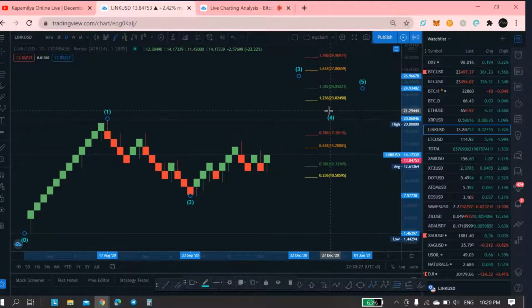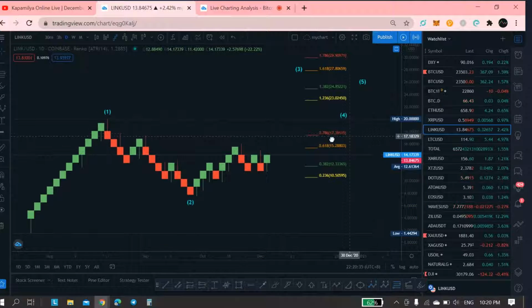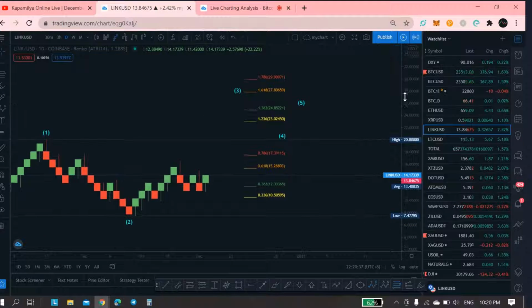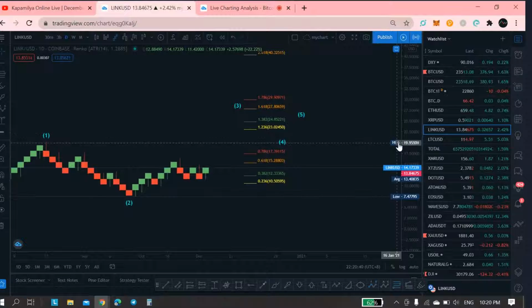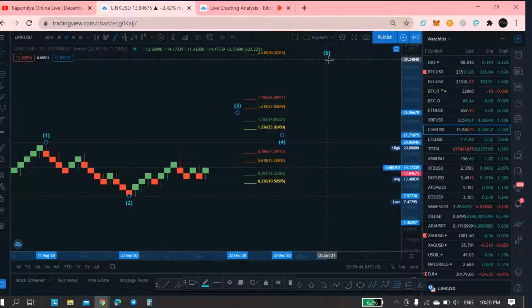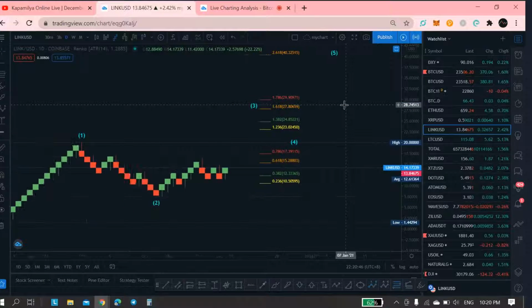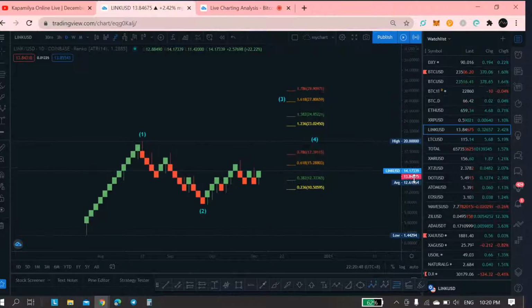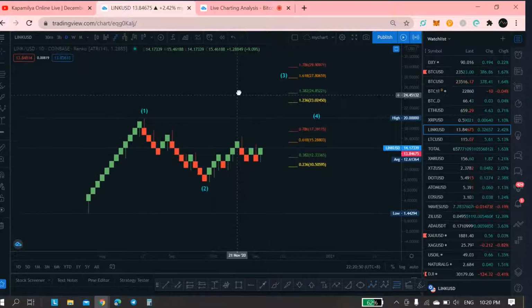Then this is possibly wave 4, which should not go below the high of wave 1, and then wave 5 possibly at the 2.618, the $40 area. That's just my projection, of course.